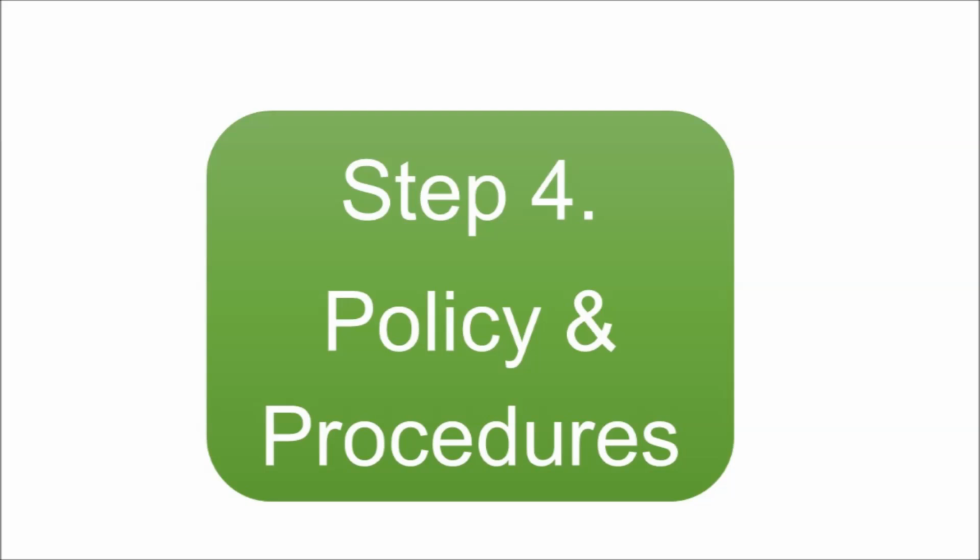Now, step 4, policies and procedures. Now that you have your risk assessment completed, you have to do your policies and procedures manual based on that risk assessment. The when, who, why, and how to protect PHI and electronic protected health information.